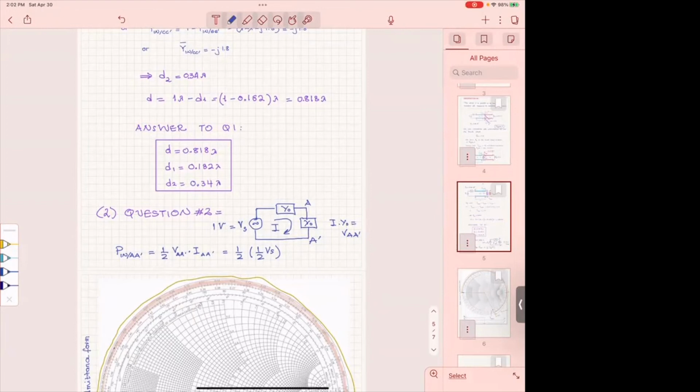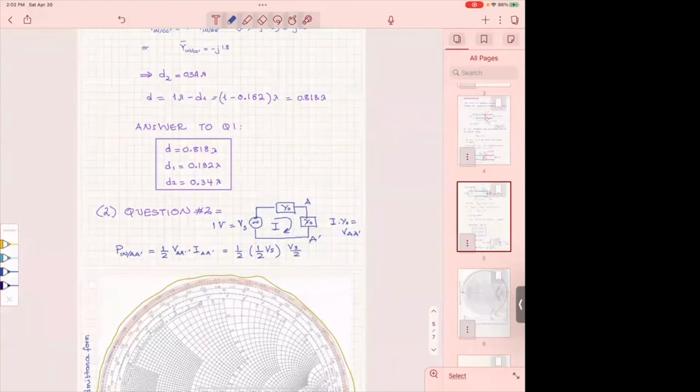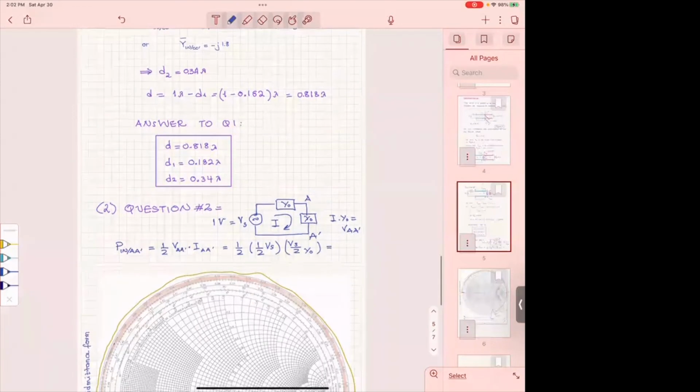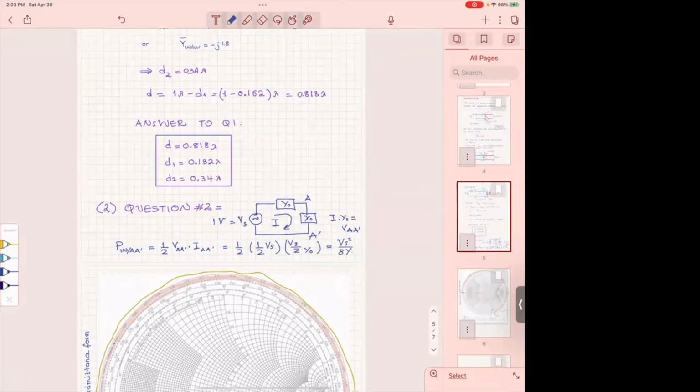Therefore, the current here is going to be Vs over 2, times Y naught. And that's going to give the power that goes inside the port AA prime. Since everything is real, it all goes to the load G sub A. So practically it's going to be Vs squared times Y naught over 8.